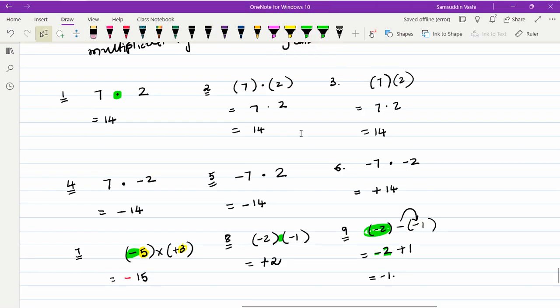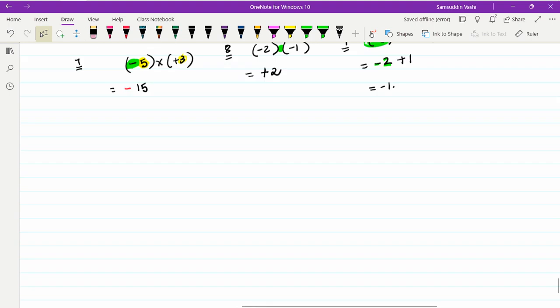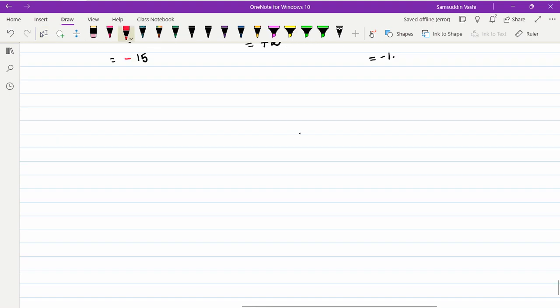All right. So exercise 4. Example number A1. It says 2 times negative 9.